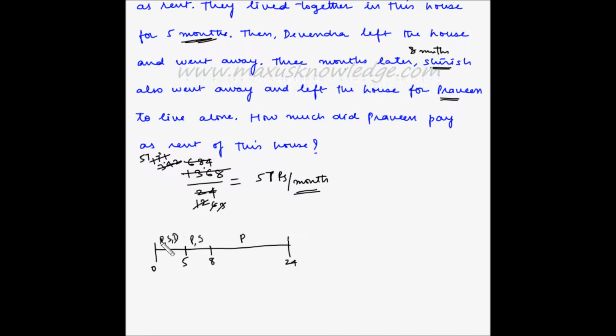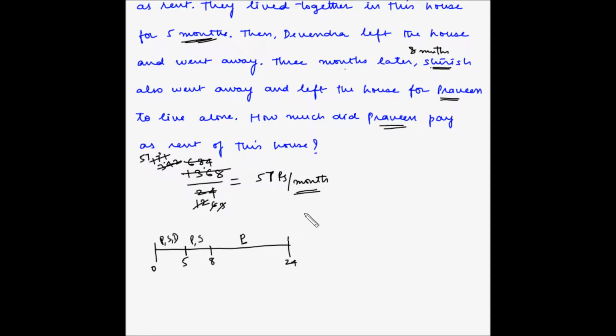So for the first 5 months, the rent is to be shared by all the three. Now 6th, 7th and 8th month, the rent is to be shared by Praveen and Shirish. And from 9th month onwards, rent is to be paid only by Praveen. Now we have to find out the total amount of rent paid by Praveen only.